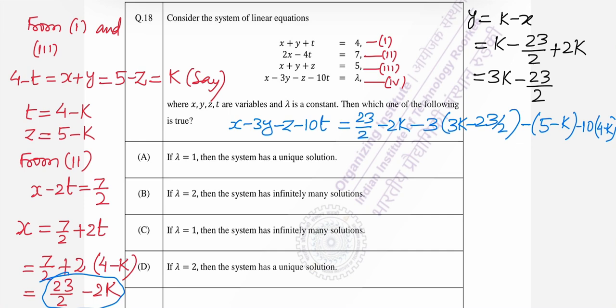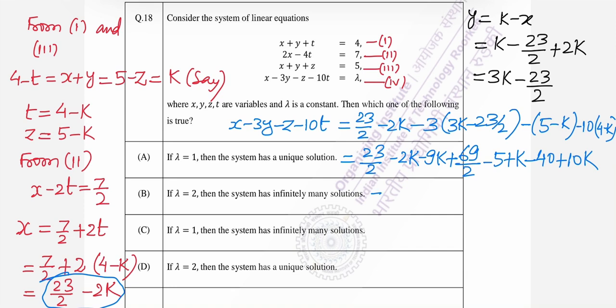Okay, now we should simplify this one, because in this you see there is only one letter, that is k. So here will be 23 by 2 minus 2k minus 9k plus 69 by 2 minus 5 plus k minus 40 plus 10k.